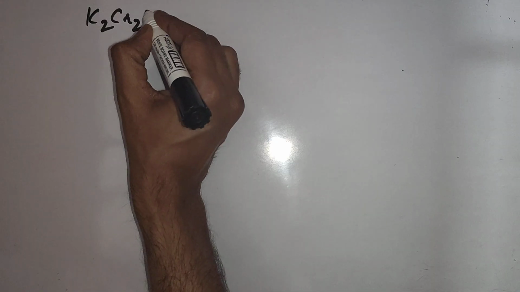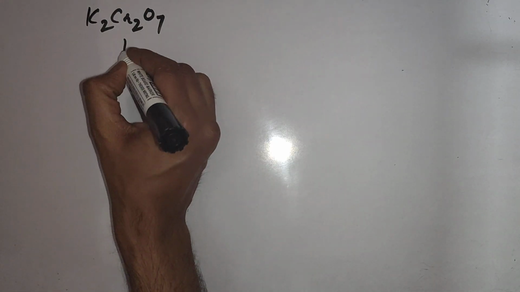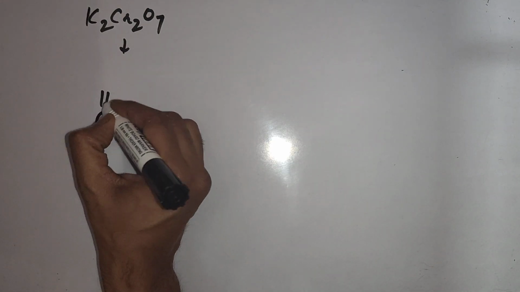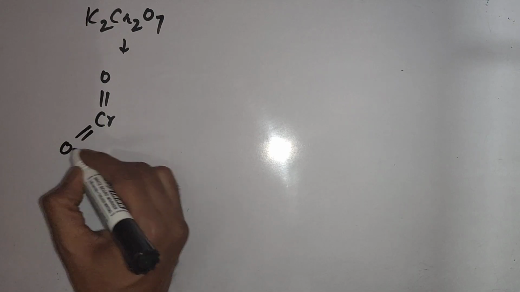First, we need to understand K2Cr2O7. This is the bonding over here.